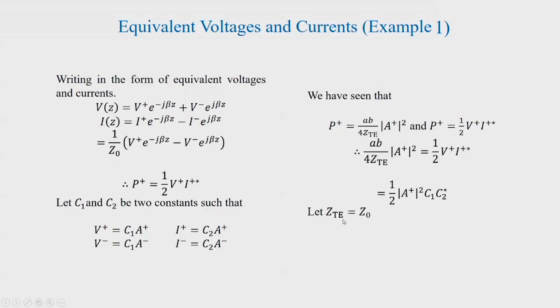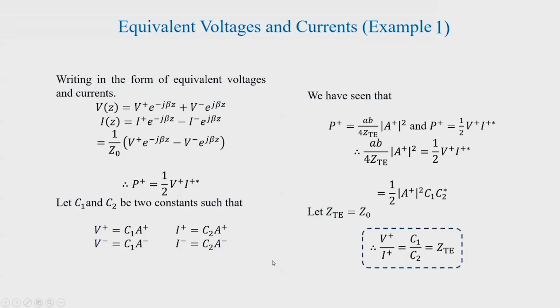Let us set Z naught equal to Zte. In that case, we have V plus divided by I plus equal to C1 by C2 and equal to Zte.